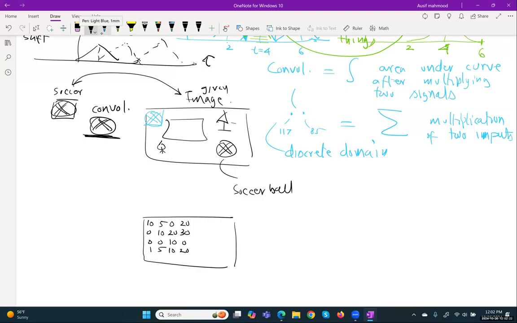I'm just picking some pixel values in the top left-hand corner. So these are the background pixels in the given image, in the top left-hand corner.